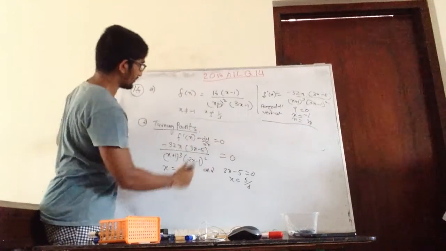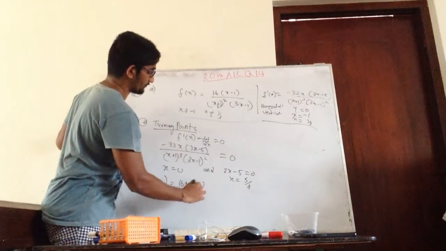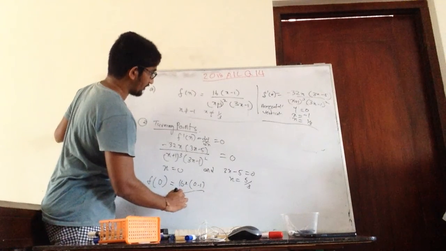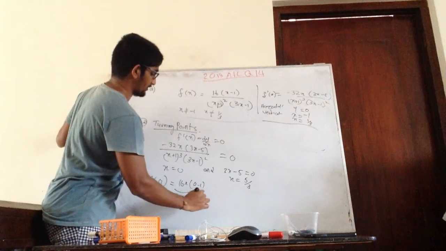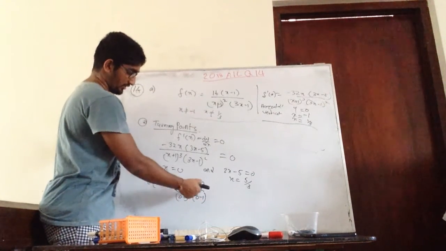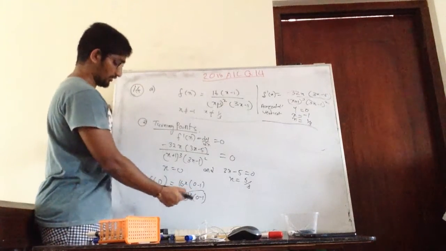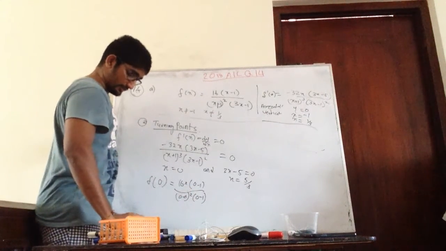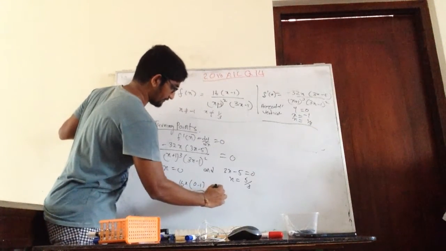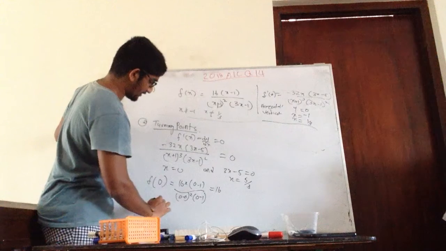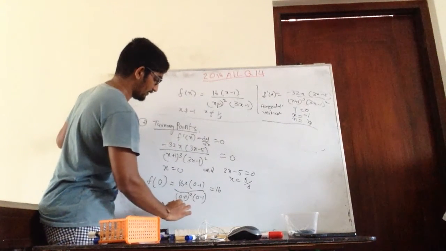If I put f0, it will be 16 into 0 minus 1, over 0 plus 1 square, 0 minus 1. So 16 into minus 1, plus 1, minus 1. So then I will get 16. So basically 0, 16 is a turning point.